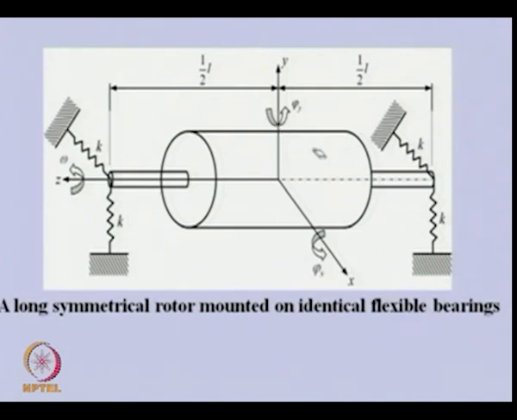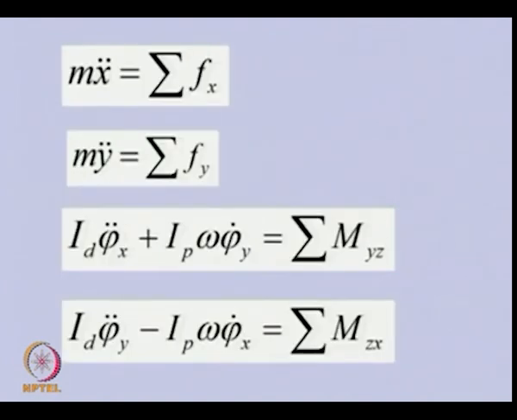So, we are able to analyze the translatory motion and the tilting motion separately without any problem, and based on our experience, we can now write the equation of motion of this system like this. These two are basically translatory motion, because the gyroscopic effect is not present in this, so this will be simpler.